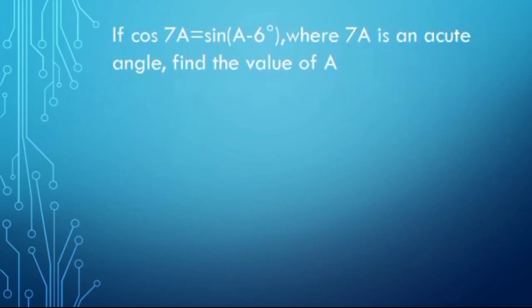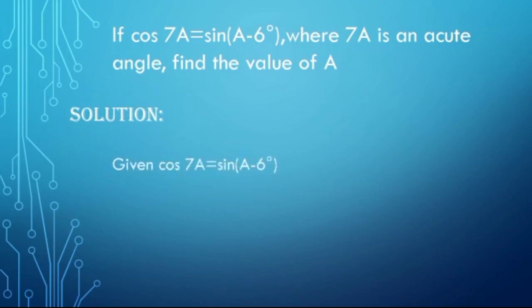If cos 7a is equal to sin(a minus 6 degrees), where 7a is an acute angle, find the value of a. Let's do the solution. In this problem, they are given cos 7a is equal to sin(a minus 6 degrees).